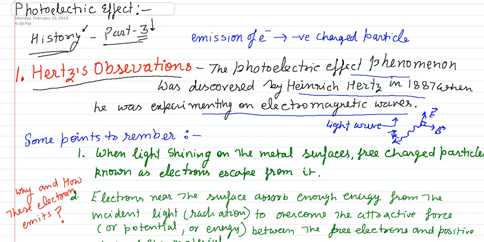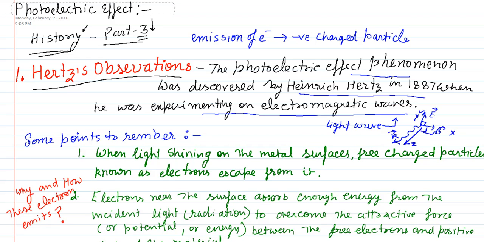So this is the electric field along y, this is the magnetic field along x, and the wave is propagating along z. This is one of the important properties of the electromagnetic wave, and this effect came into observation by Hertz when he was experimenting on it.